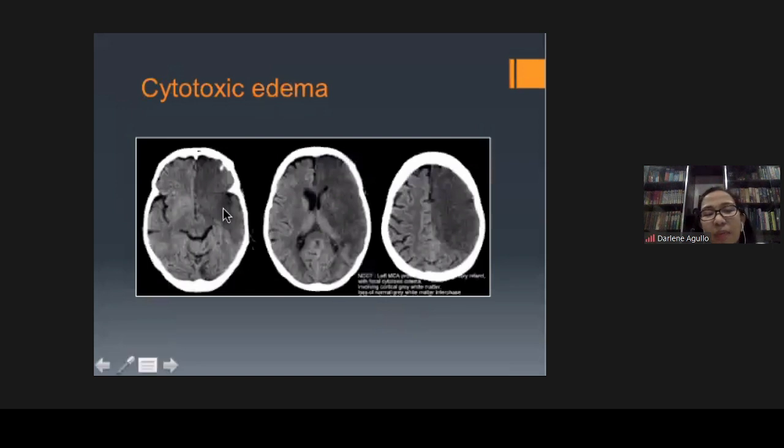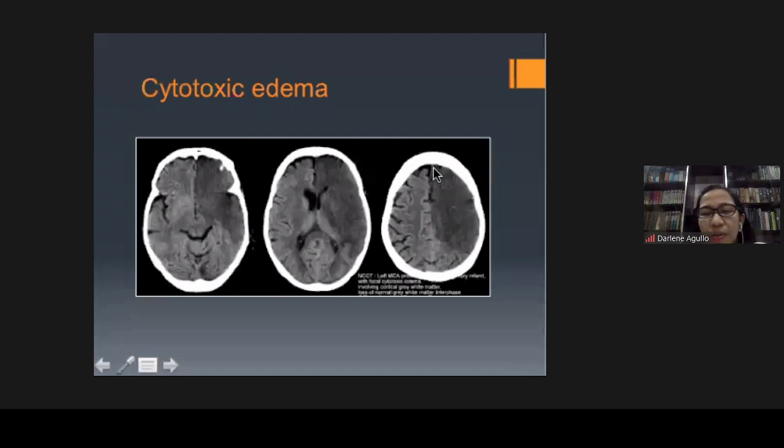So this is the appearance of cytotoxic edema. If you have stroke, so involved man yan entirely. White matter, gray matter, neurons, astrocytes, microglia, etc. So lahat sila nagsuswell.